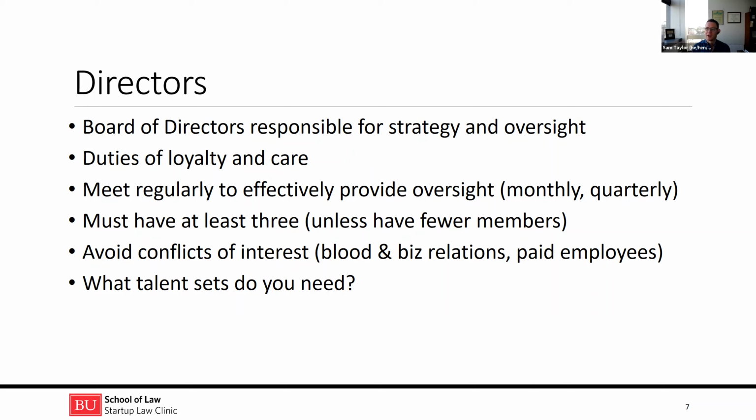And so in terms of the talent sets that you need, thinking about these bullets I've just gone over can help you think about the talent sets that you might need. Someone who maybe has experience previously running a nonprofit, or at least being involved with one. Someone who really cares about the goals of the nonprofit and understands the role of a nonprofit, right?